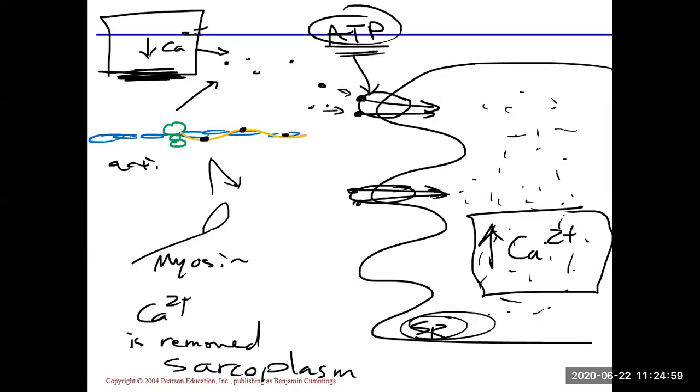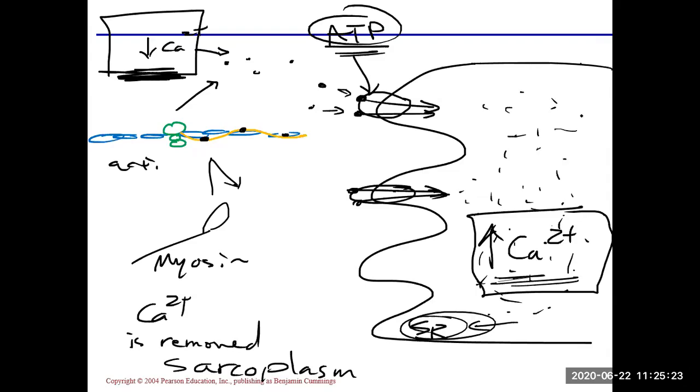All right. So here you can see the calcium is being pumped into the SR. I want you guys to think about inside of the SR, which has a lot of calcium, as a bank. Inside of the bank, you have a lot of money, all right? You may withdraw some money. That happens when you put in your code in here.